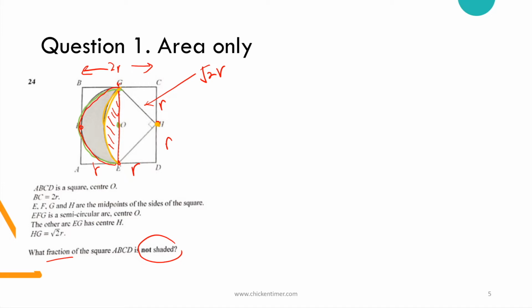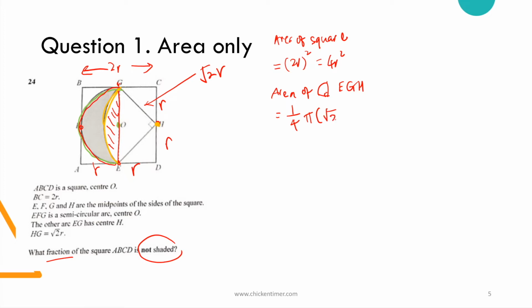So I would first find the area of the square, which equals 2R squared, so it's 4R squared. Then we will find the area of the quarter circle EGH, which will be 1/4 times pi times R squared, where the radius is root 2R.